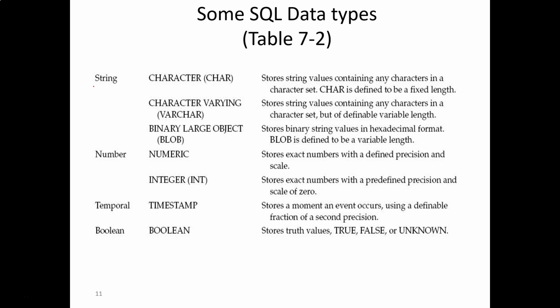Before using the create table command, you need to first understand the SQL data types that can be used for various fields of a database table. This table lists some common SQL data types, including string or text data type, number data type, temporal, and Boolean data types.